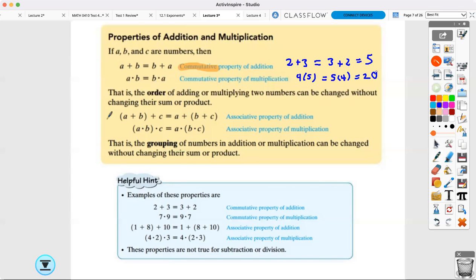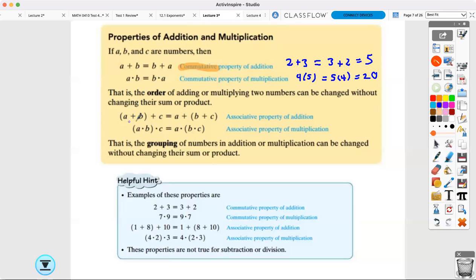Now look at the next half of the property. The order of adding or multiplying two numbers can be changed without changing their sum or product, which is what we just showed right here. Now, the associative property of addition is saying that we have three different numbers, and it doesn't matter which order we add them.